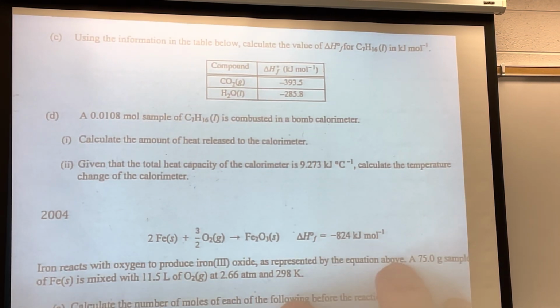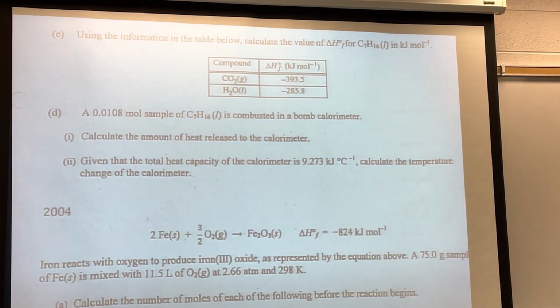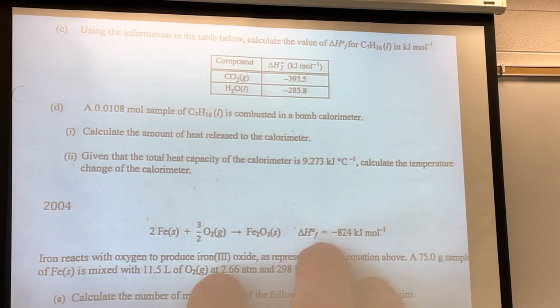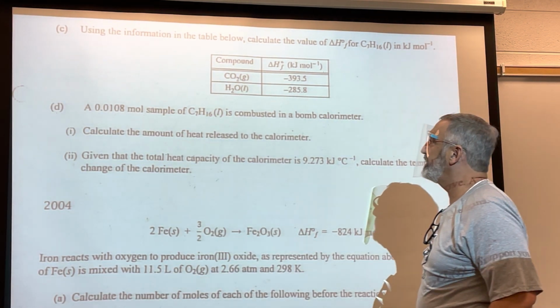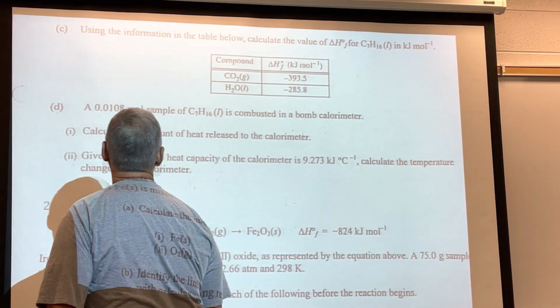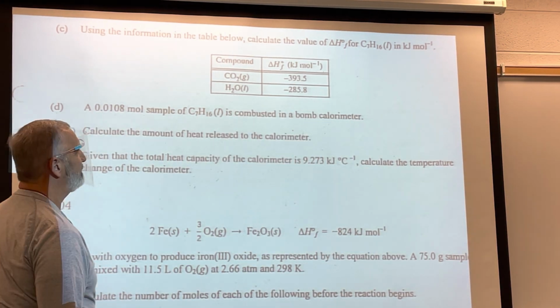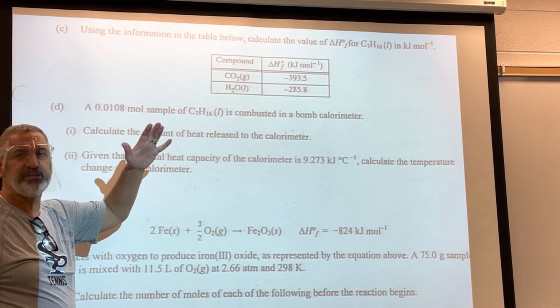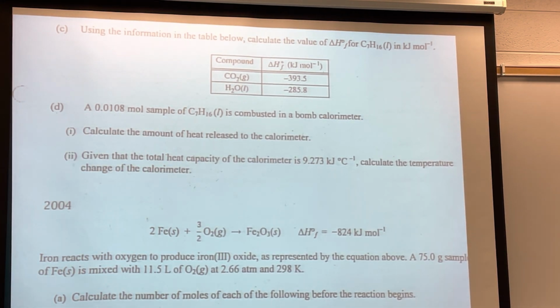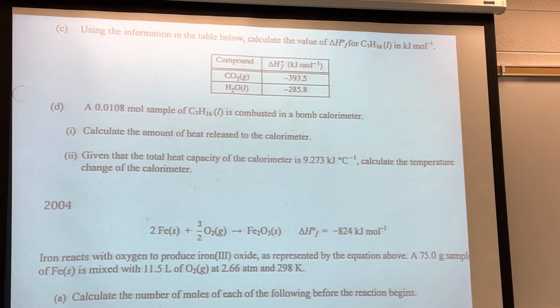All right, C and D. Using the information table below. So I have my heats of formation. A 0.010 mole sample is combusted in a bomb calorimeter. Okay? Bomb calorimeter. What goes off in your head? A bomb. Hopefully not.